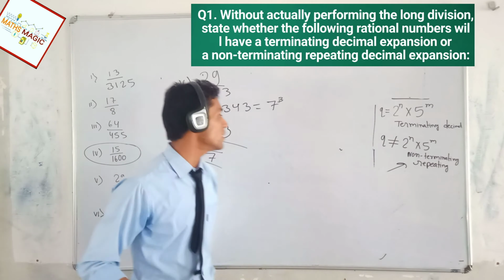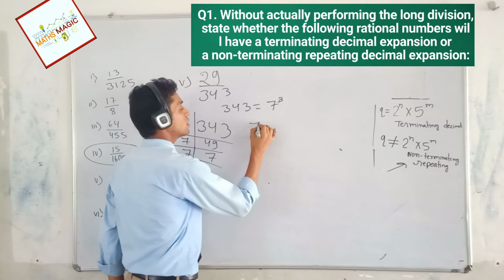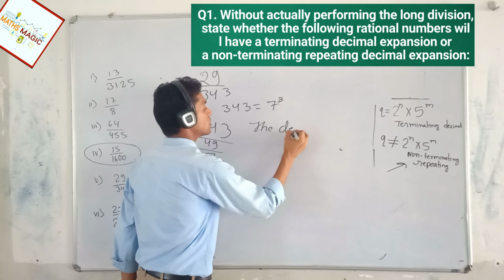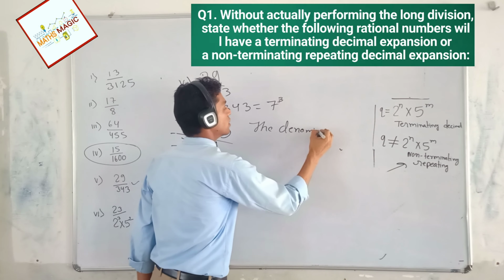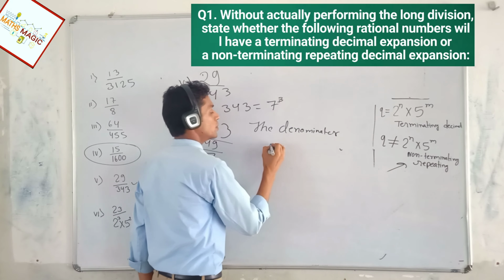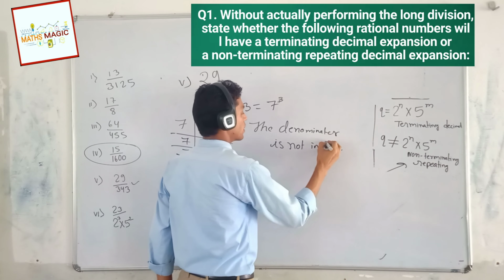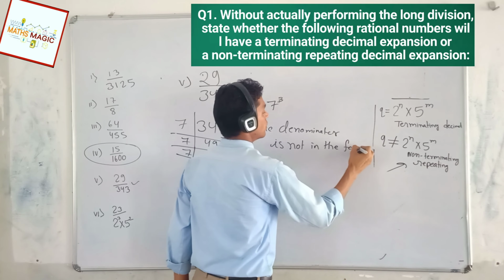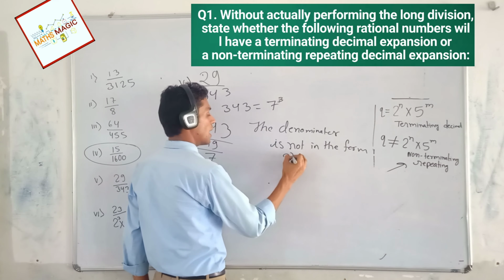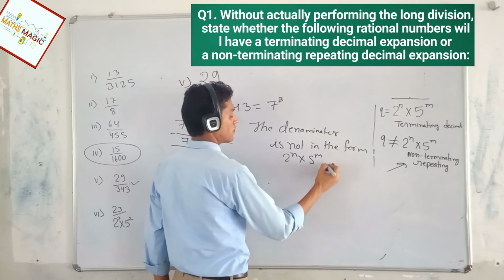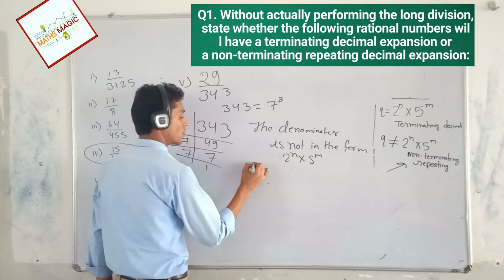No. Then we can say, first we write, the denominator is not in the form 2^n 5^m.